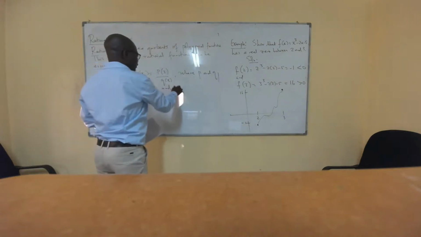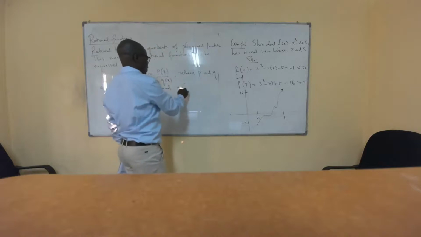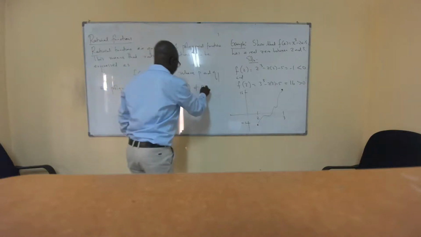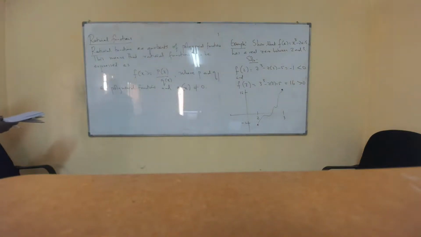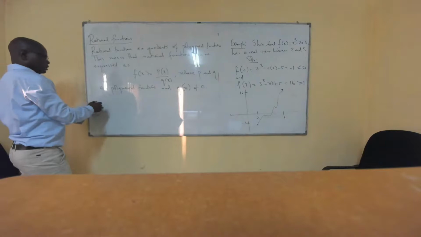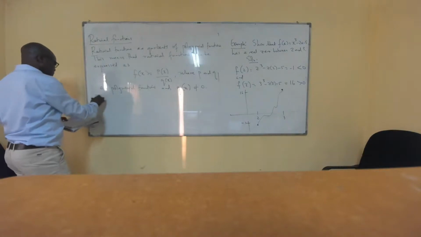And of course, the value that q assigns to x is different from 0, because we cannot allow dividing by 0, which is disallowed in mathematics.